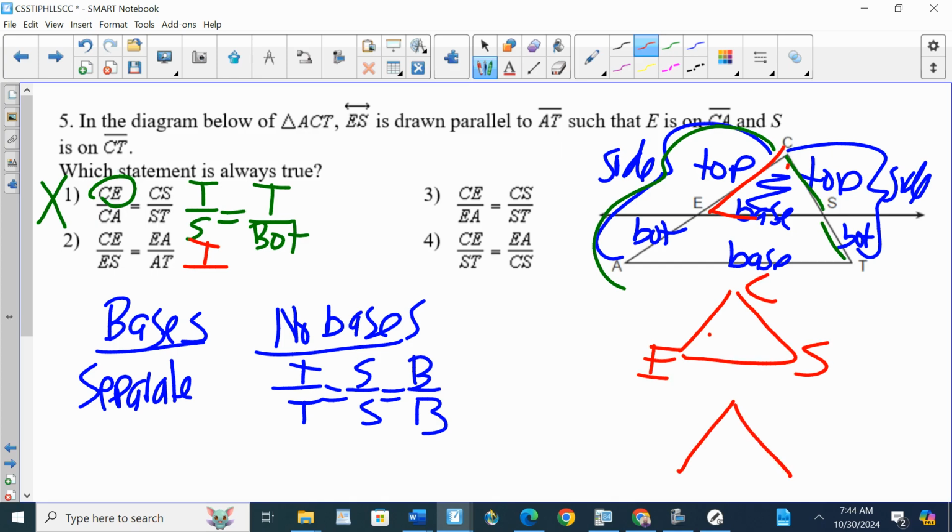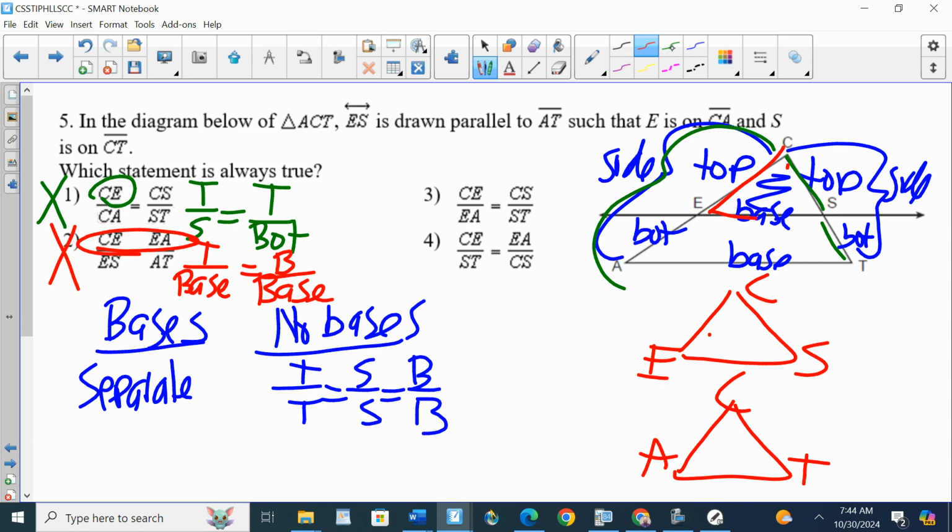CES, CAT. So I'm just going to write base for now. EA is a bottom, and AT is a base. So that does not look right. I could also, since there's bases involved and I separate it, go this route. CE, EA, no, those aren't corresponding parts of anything, so that's not correct.